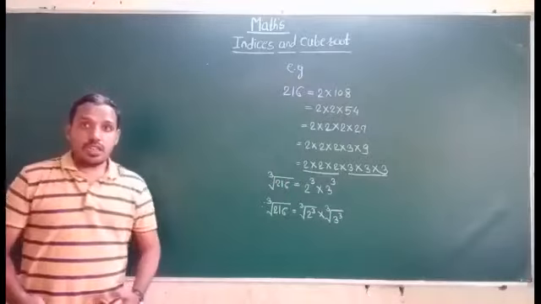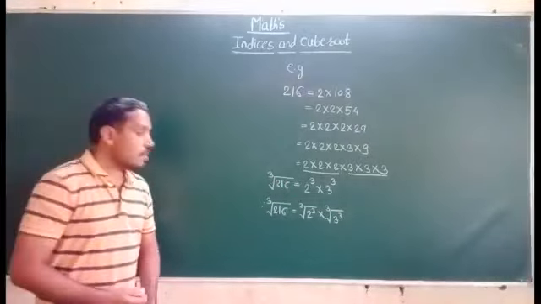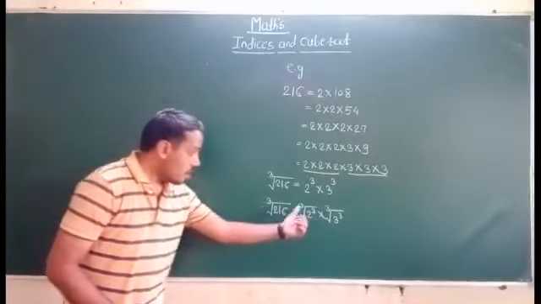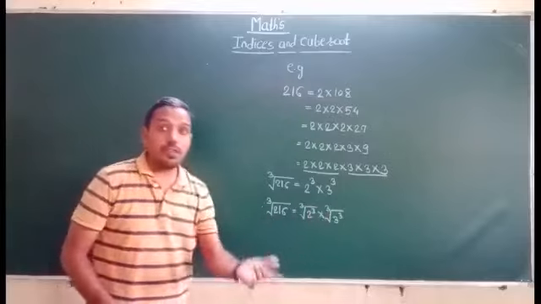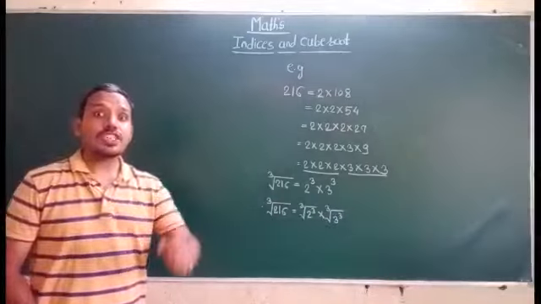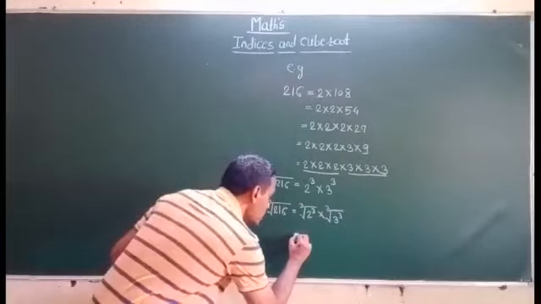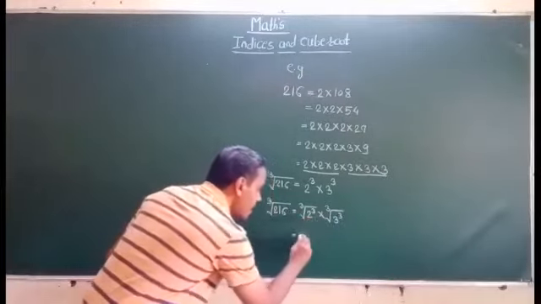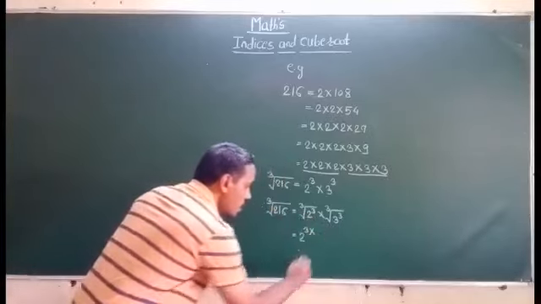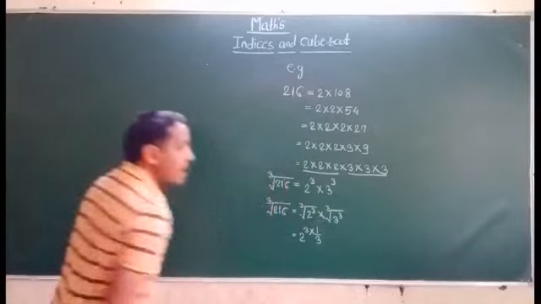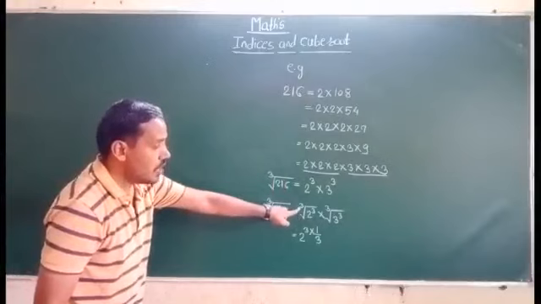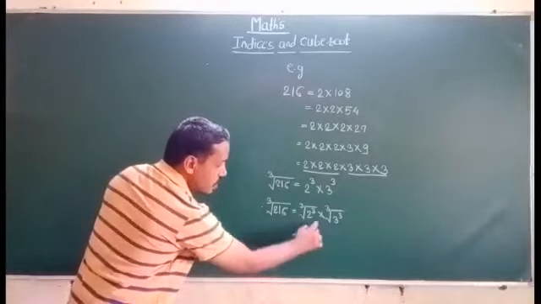In a previous exercise we discussed that if we remove the radical sign, then the order is converted into indices form. Which indices form? A rational indices form. That means if we remove the radical sign, we get 2 raised to 3 into 1 by 3, because the order 3 is converted into a rational index.